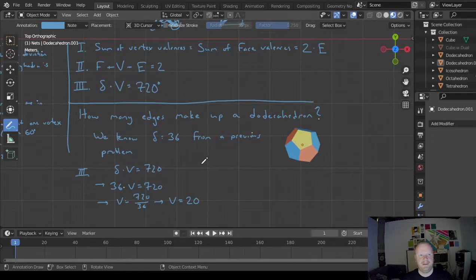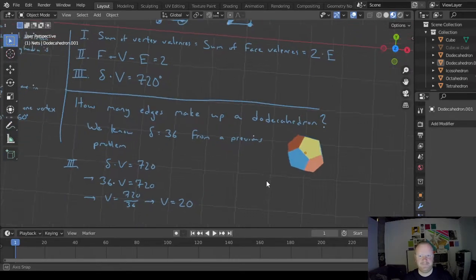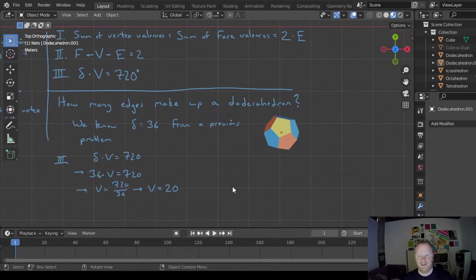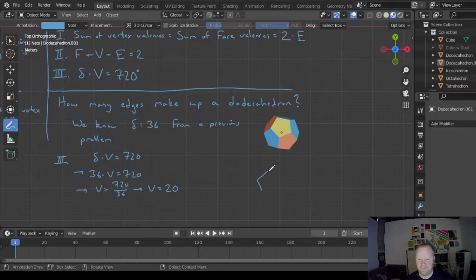So this vertex valence here, again, we're talking about three regular pentagons that are meeting at each vertex, with that little gap in between there.